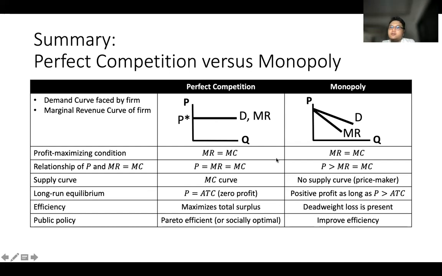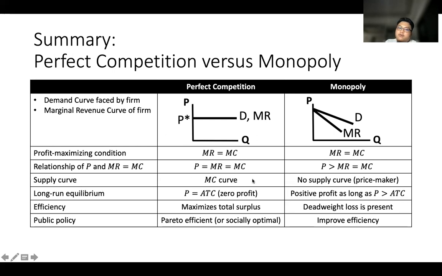Profit maximizing is still the same: MR equals MC. But it differs when we relate price to this profit maximizing condition. For perfect competition, price is equal to marginal revenue, which equals marginal cost. On the other hand, for monopoly, price is greater than marginal revenue, which equals marginal cost.